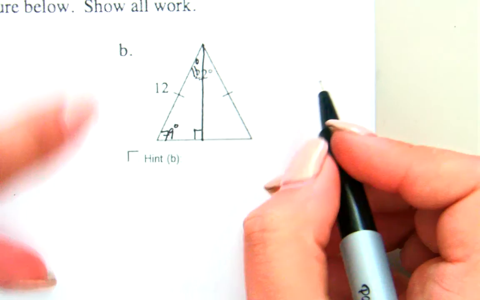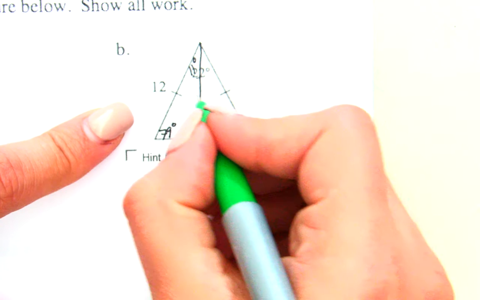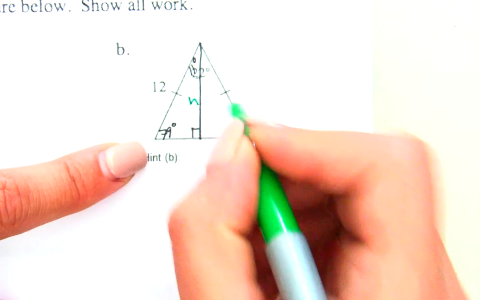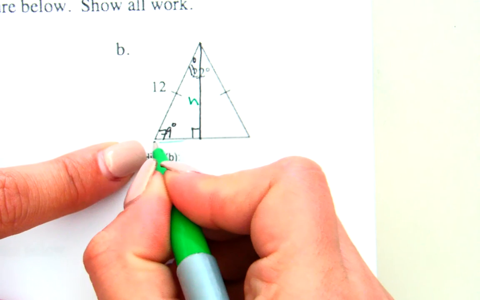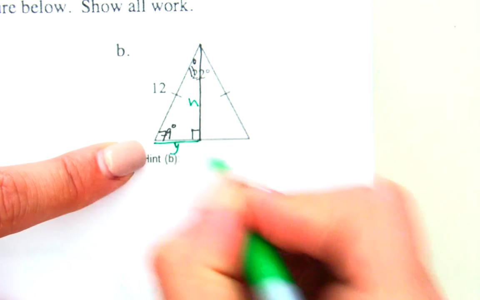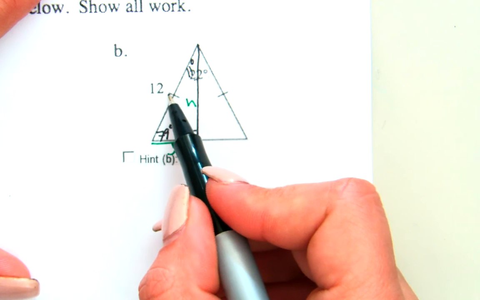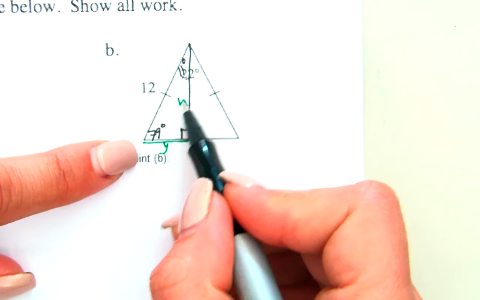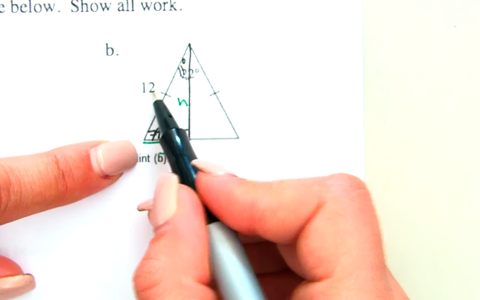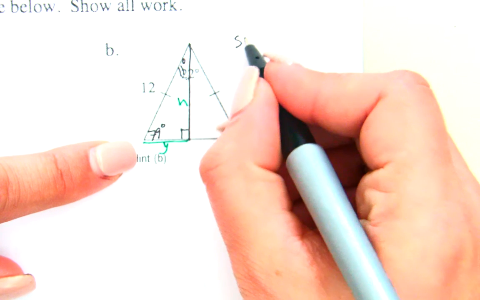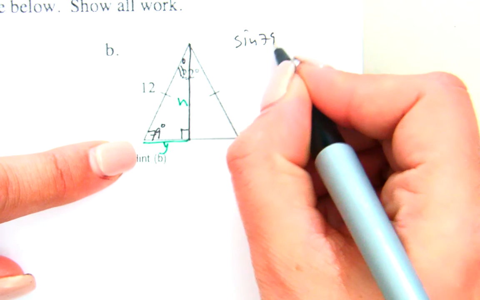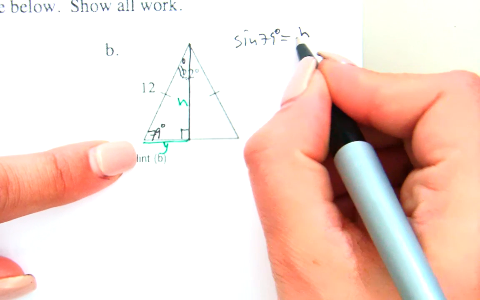It really doesn't matter which one you use, but you need to find the height, this one, and you need to find this part right here. So I guess we can call this the y. So you have opposite and hypotenuse, so that's sine of 79 degrees. Opposite is the height.